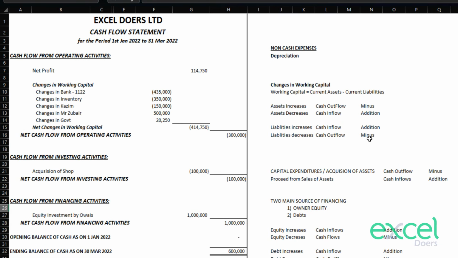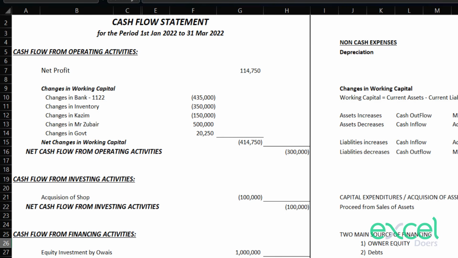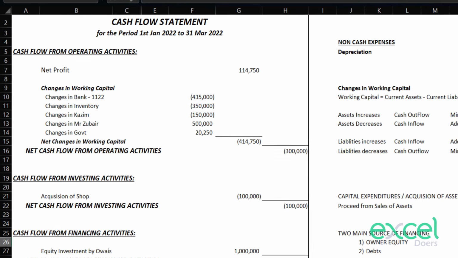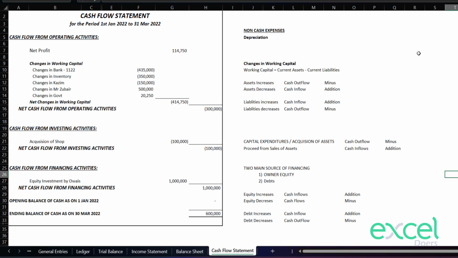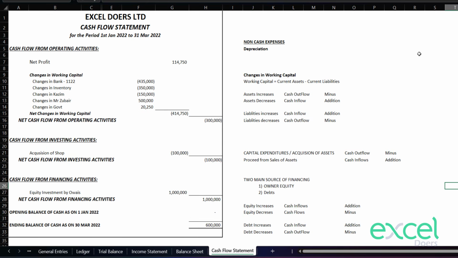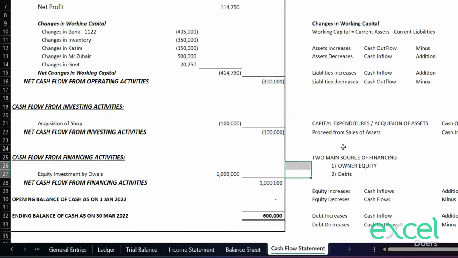Full screen mode, yes. Now you can see a better picture. So we have created a fantastic cash flow statement by using our data in the trial balance, bringing those values into the cash flow statement, eventually applying the changes into the respective heads, adding the opening balance of the cash, and our answer at the end was exactly the same as what we had in our trial balance.